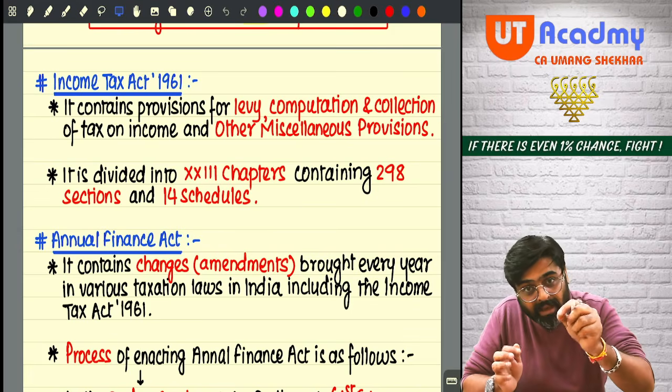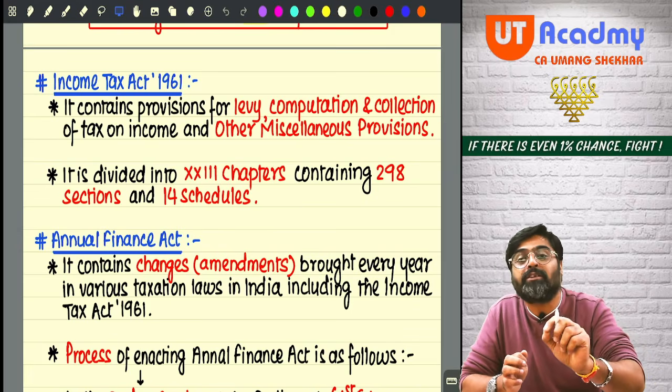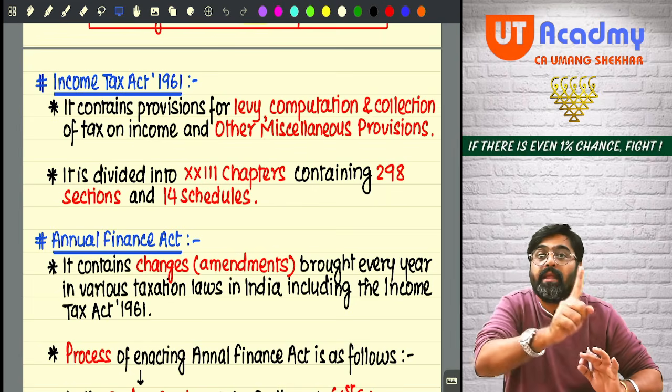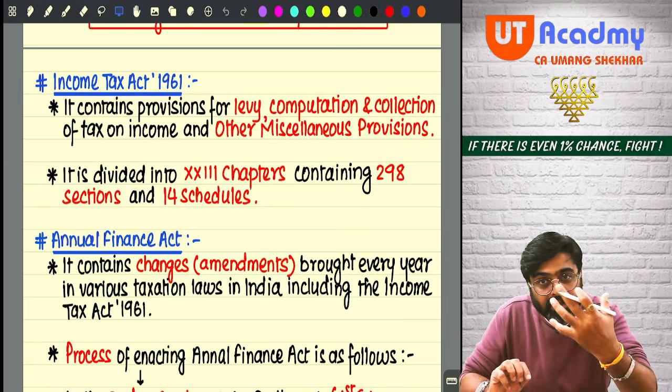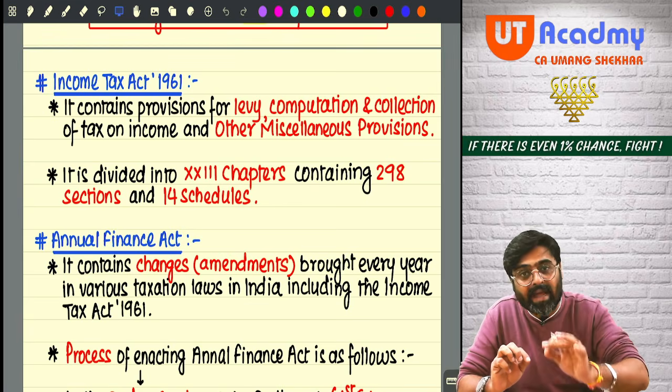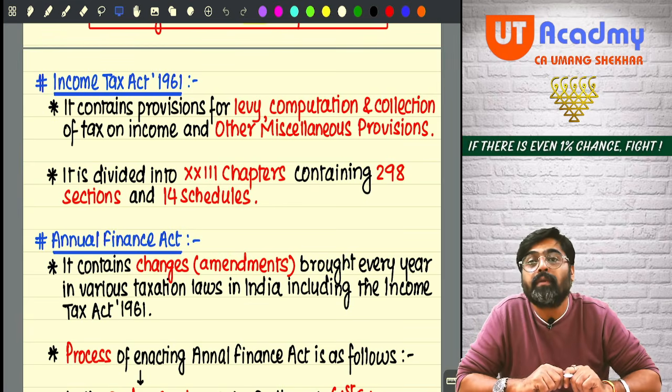And on that value, what rates need to be applied and how the income tax will be computed, even that will be given in this law. And once the income tax is calculated, how that income tax will be collected from you, even that will also be given in the law.